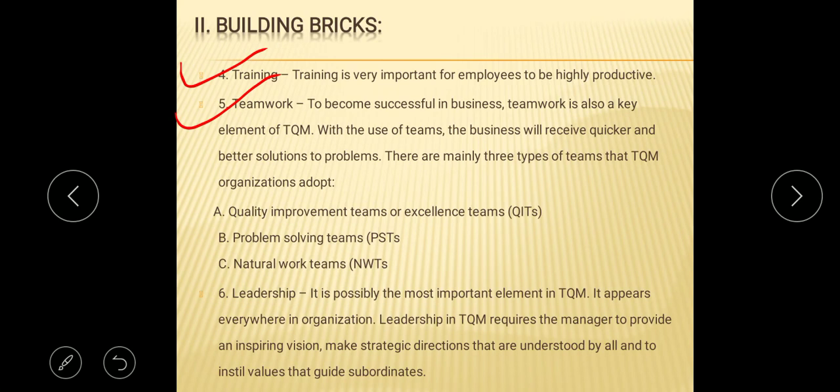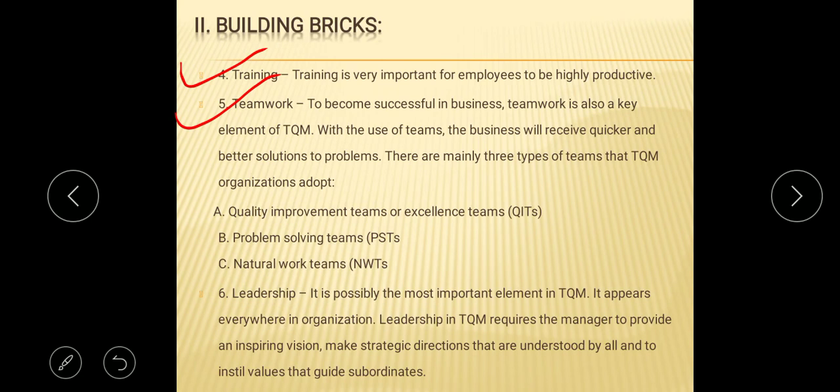With the use of teams, the business will receive quicker and better solutions to problems. Teams also provide more permanent improvements in processes and operations. In teams, people feel more comfortable bringing up problems that may occur and can get help from other workers to find a solution and put it into place.